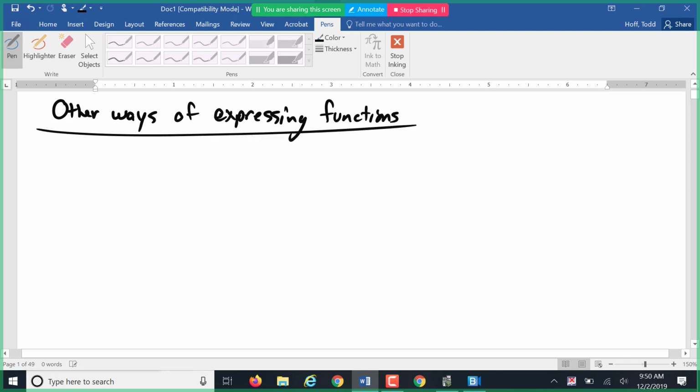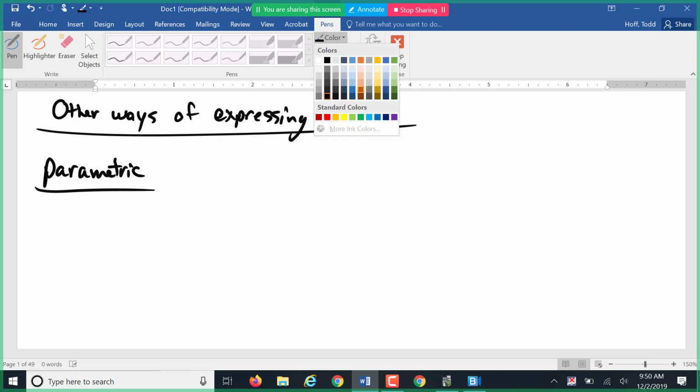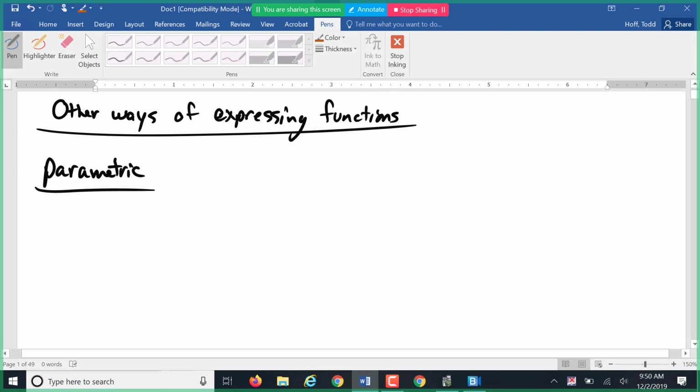So one of the ways that we're going to look at expressing these functions, these equations, these relationships, other than what we have so far, is something called parametric. And what parametric means is you're describing each piece separately. Rather than having a function that relates x to y, we're going to come up with a function that gives us the value of x and the value of y separately.